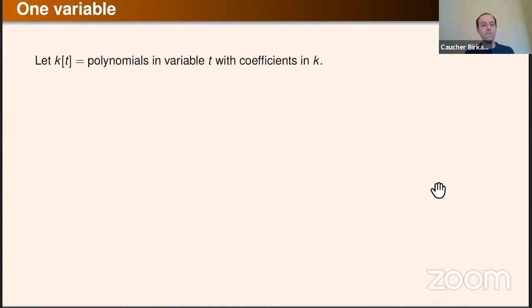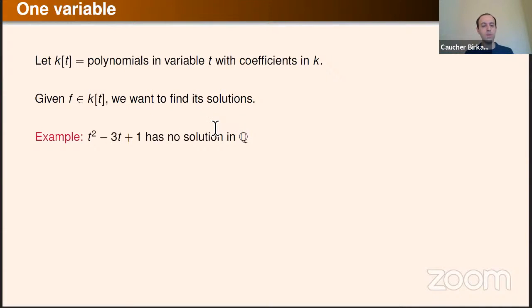Now, let's look at the first, simplest case, when we have only one variable. Let's take k[t]. These are polynomials in t with coefficients in k. So we have just one variable. And suppose that we have a polynomial. We want to find the solutions of this polynomial. So this is much closer to high school.